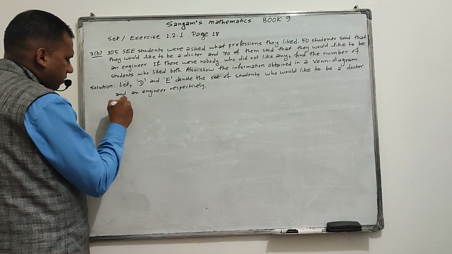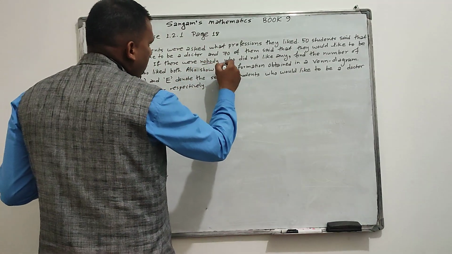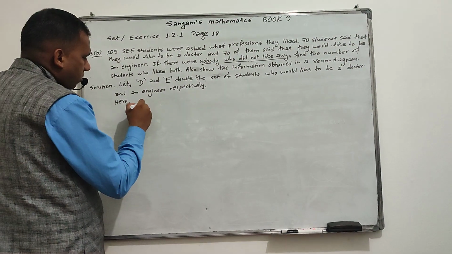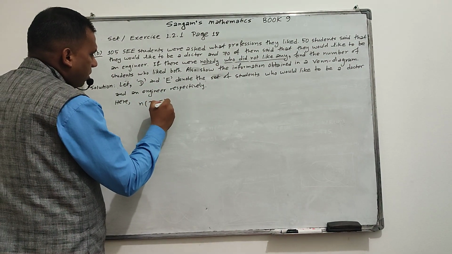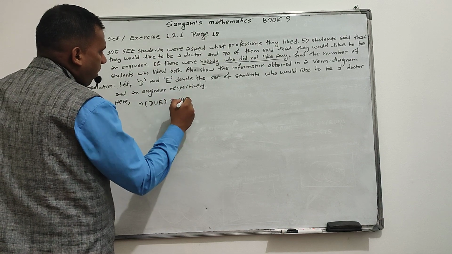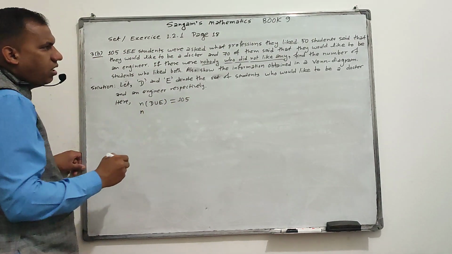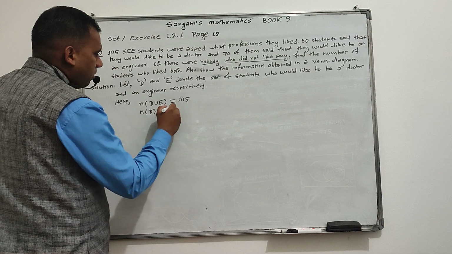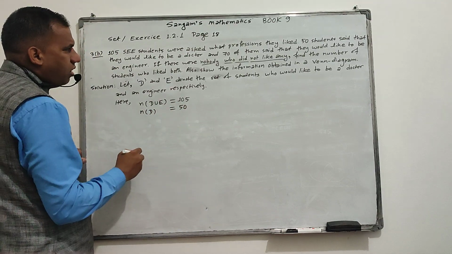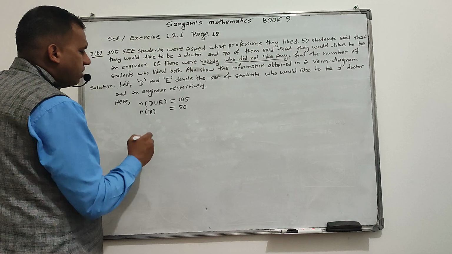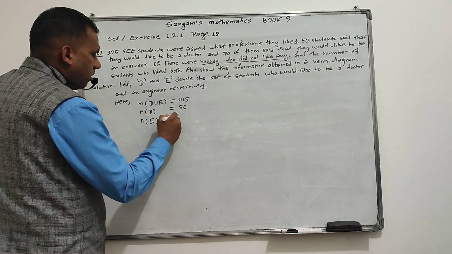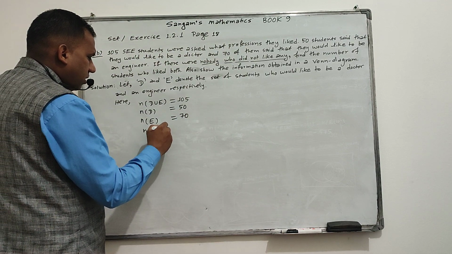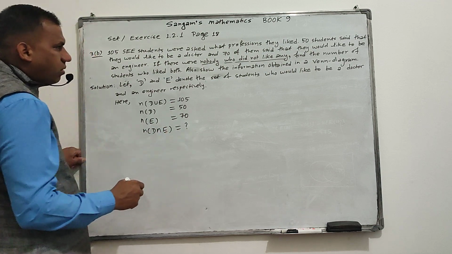Here, nobody did not like any. It means there is no complement part, so number of D union E is 105. Similarly, number of D equals 50, and 70 said to be an engineer, so number of E is 70. We have to find number of D intersection E, like both, question mark.